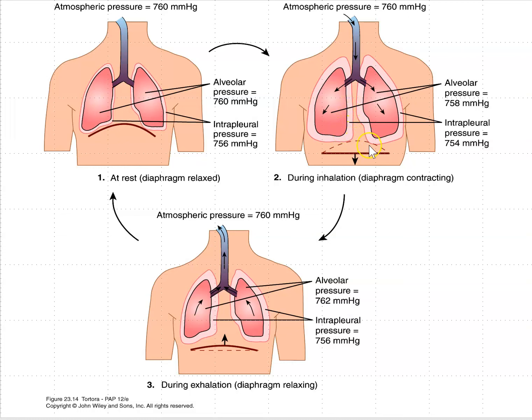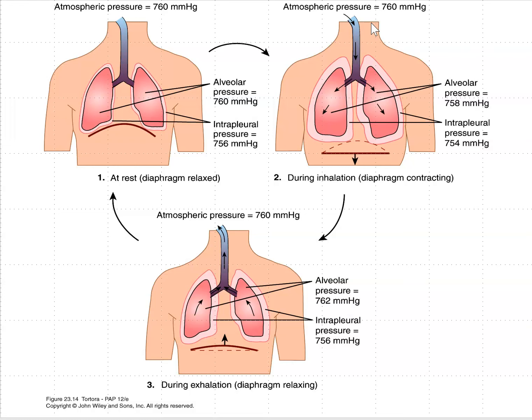So during inhalation, the diaphragm and the intercostal muscles contract, and when they contract, the diaphragm pushes down and the lungs expand to increase the volume. So the pressure in the chest cavity drops below the atmospheric pressure. During inhalation, the alveolar pressure drops to 758 compared to the atmospheric pressure, which is 760 mm of mercury.